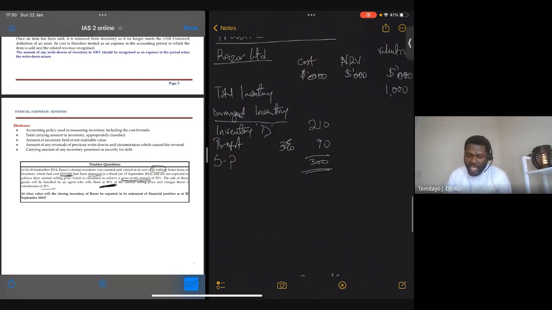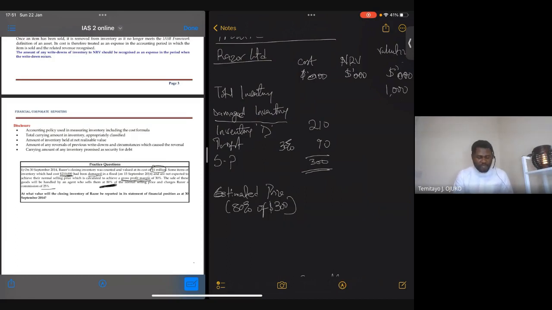Now, this is the cost. What is the net realizable value? Let's quickly solve that out. We're told that the estimated selling price of this damaged inventory will be what? Estimated price is 80% of the actual selling price, which is the $300.